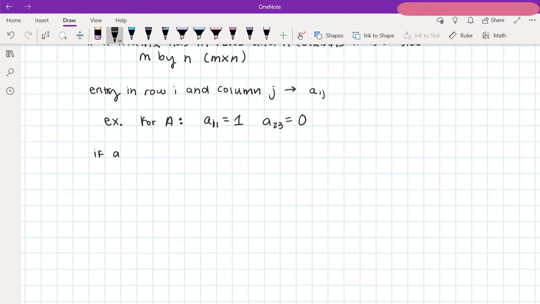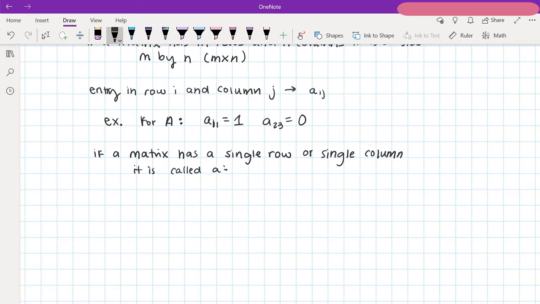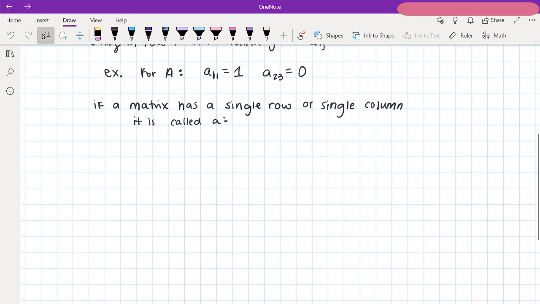So as an example, a row vector would just be in a straight horizontal line, and say it had 3 entries, it could be 1, 2, 3. Or a column vector would be just up and down, so vertically, like 4, 5, 6. I'm just going to let the writing catch up, and then I'll explain the next point.